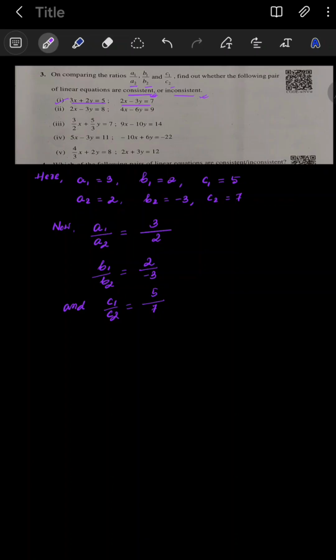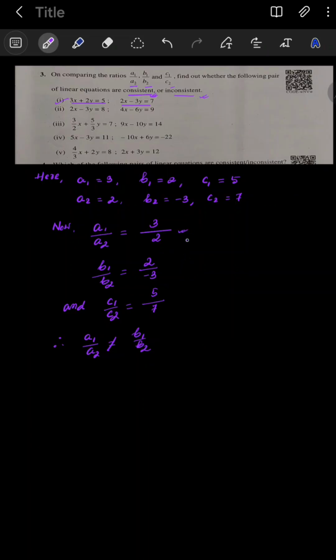If you observe the ratios here, we got a1 by a2 is not equal to b1 by b2. Both values are not the same, so they are different.